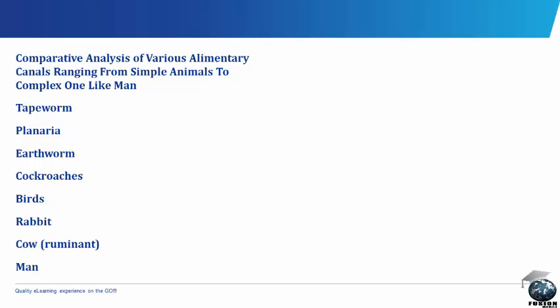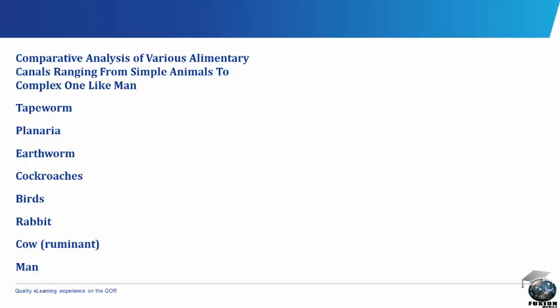Maltase breaks down maltose into glucose. Sucrase breaks down sucrose into glucose and fructose. Lactase converts lactose, that's the milk sugar, into glucose and galactose, while lipase converts emulsified fats and oils into fatty acid and glycerol.